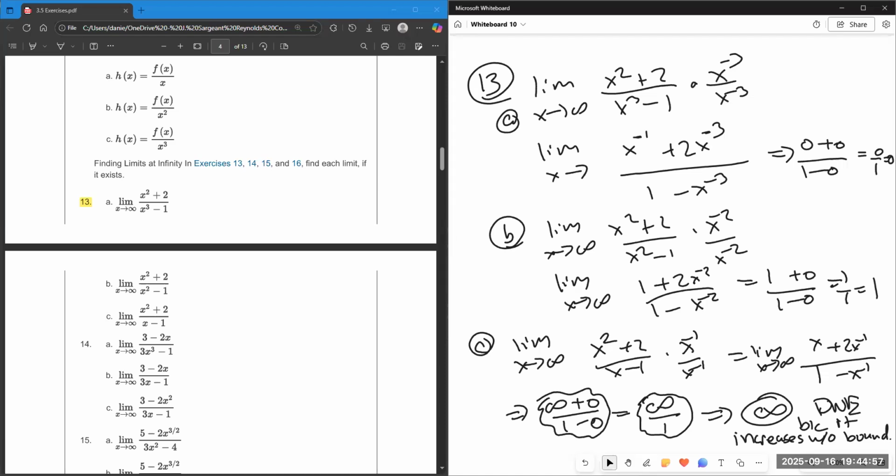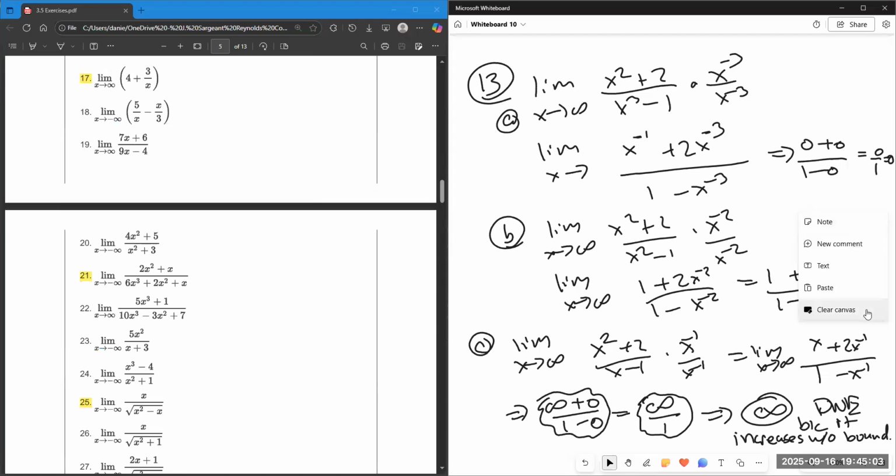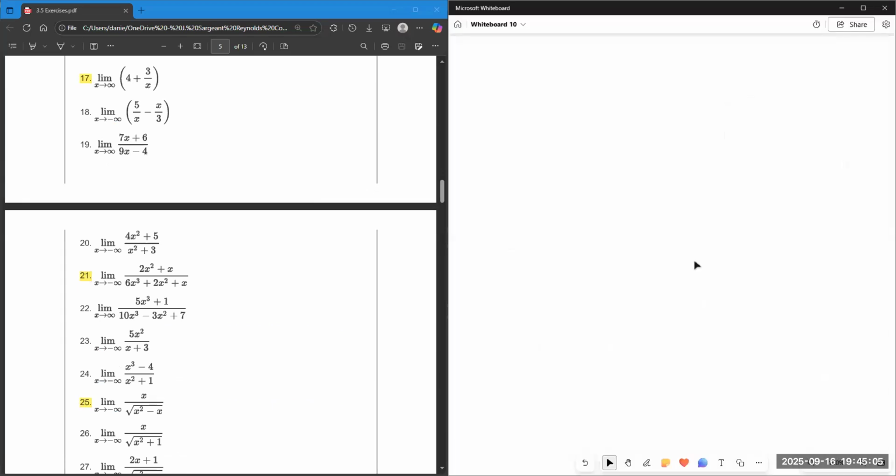Okay. Let's move now to our next problem, number 17. Limit as x goes to infinity of 4 plus 3 over x will be 4 plus 0, which is 4.